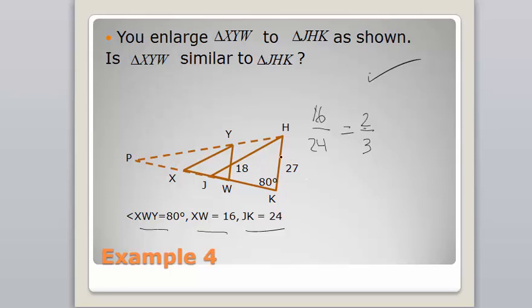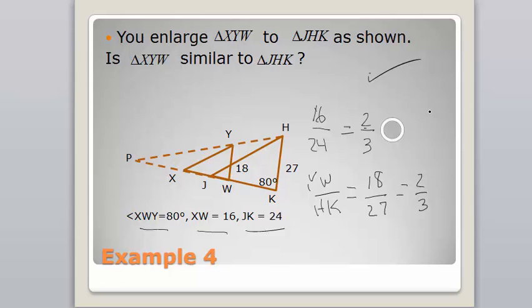Now let's look at the other pairs of sides. YW compared to HK. 18 to 27. 9 goes into each.